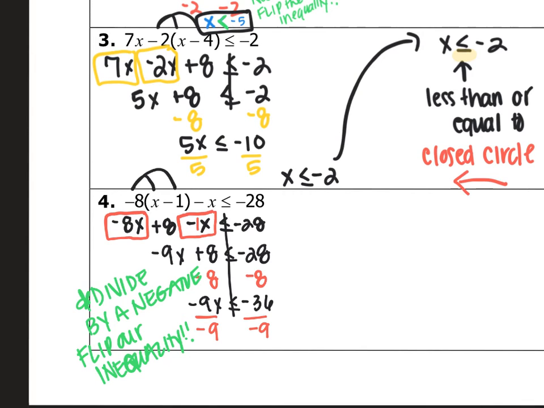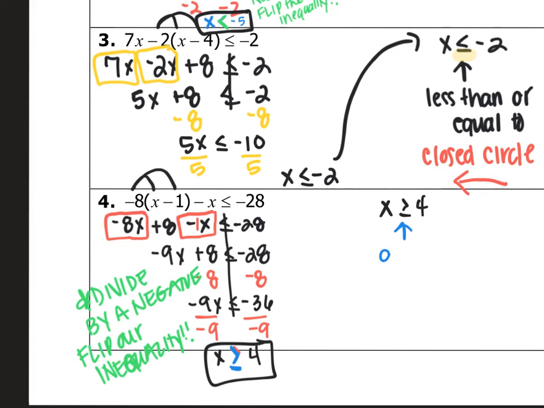So we're going to flip our inequality. So this is going to say x is now greater than or equal to +4. So x is greater than or equal to +4.